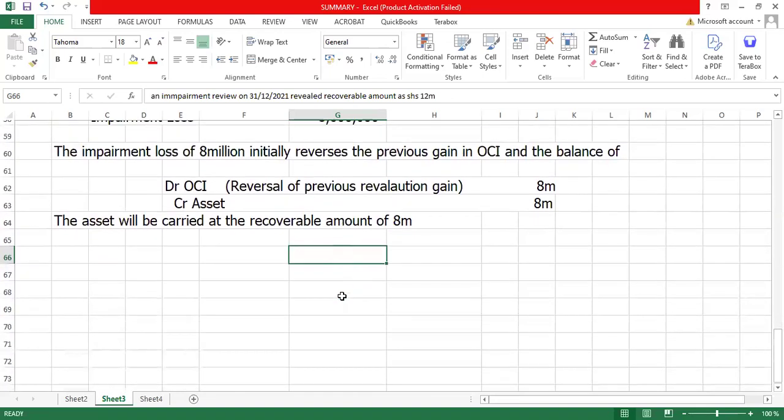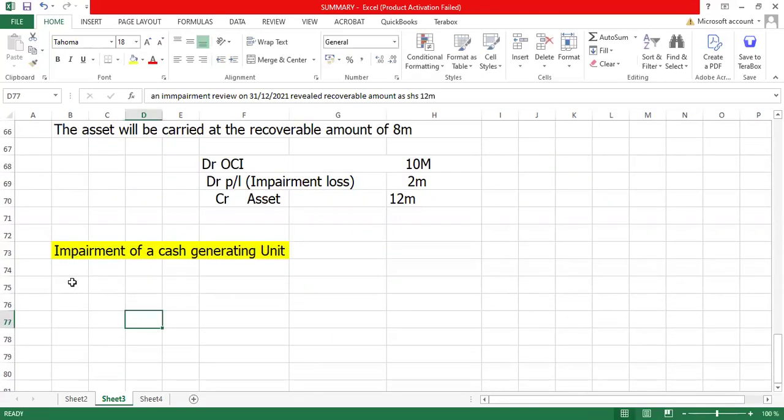Cash generating unit. What is a cash generating unit? It's a situation where you cannot tell the amount you can generate from one asset.